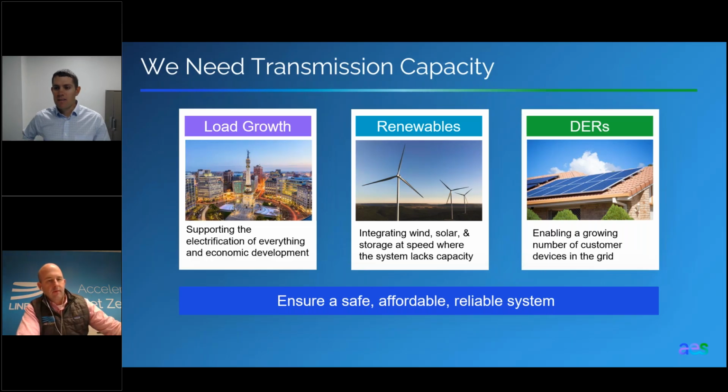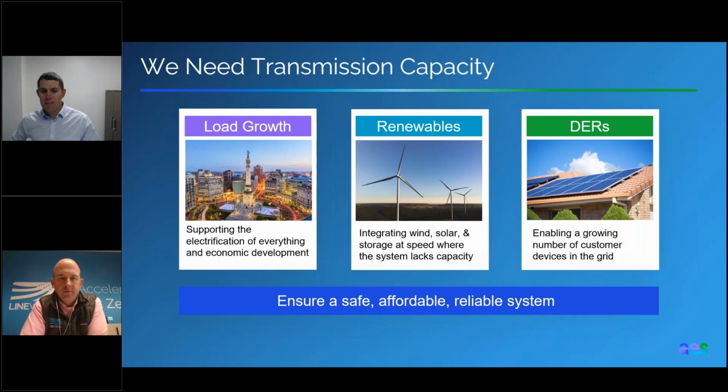So what's really driving this need for transmission capacity? These on the screen here are the challenges that the grid is facing. It's load growth, right?